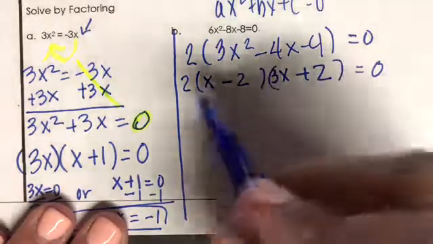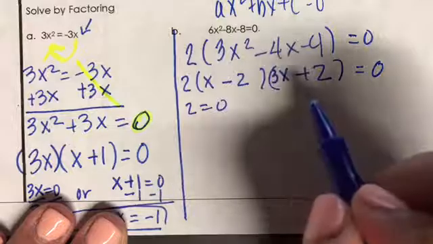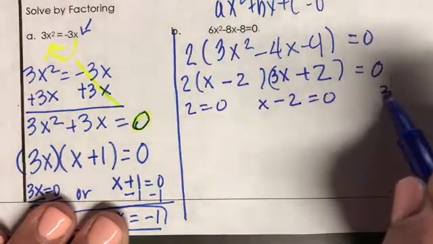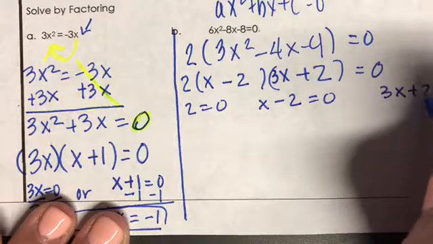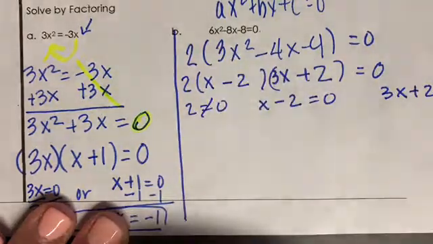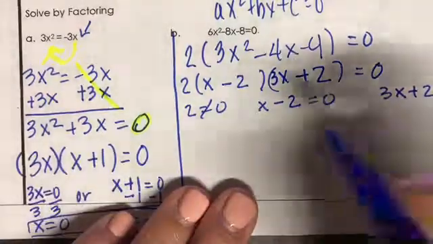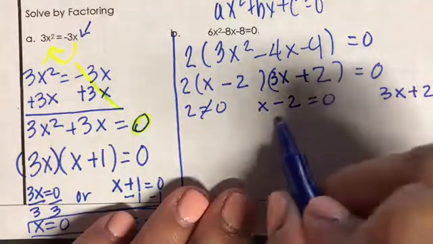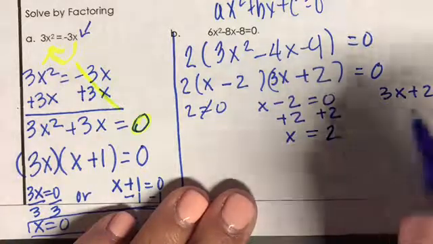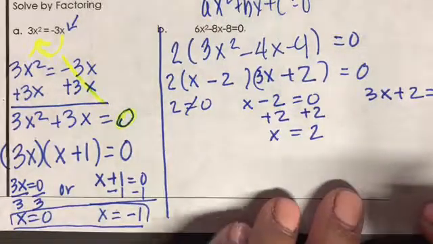Now we're going to solve for x. So we can say x minus 2 equals 0, and 3x plus 2 equals 0. We know that the 2 out front does not work, so that's done. For the second one, we're going to add 2 to both sides, so x equals 2.